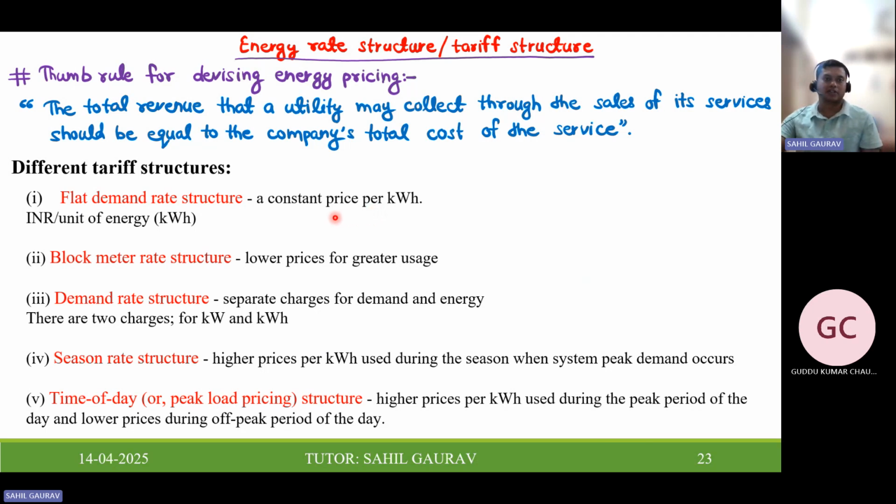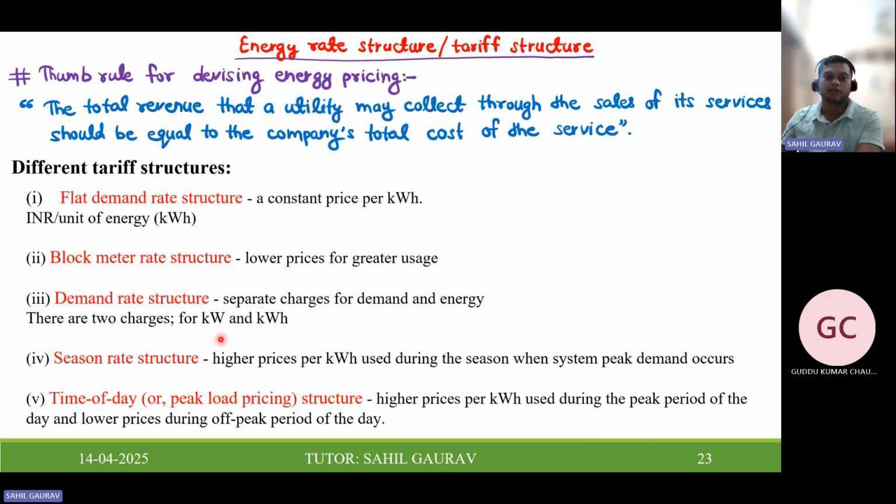They are of many types. These are flat demand rate structure, block meter rate structure, demand rate structure, seasonal rate structure, or time of day structure. In the flat rate structure, we have a constant price per kilowatt hour, where a fixed amount of INR is charged per unit of energy.